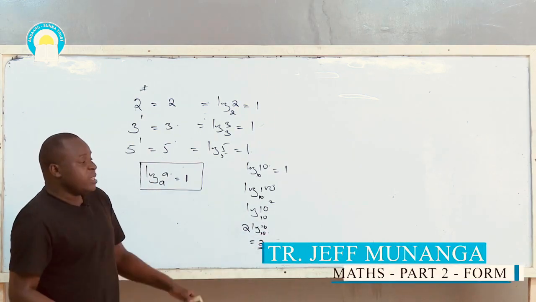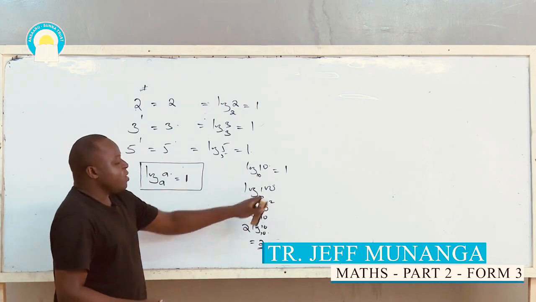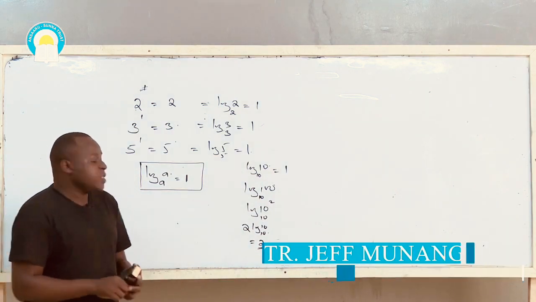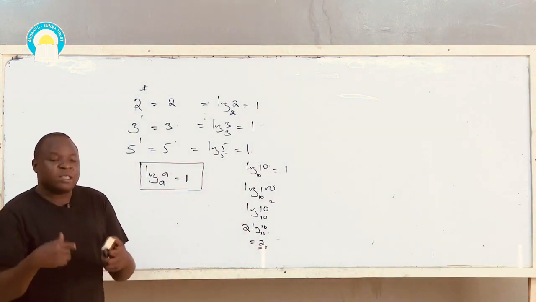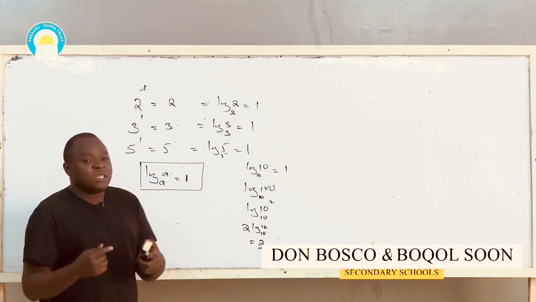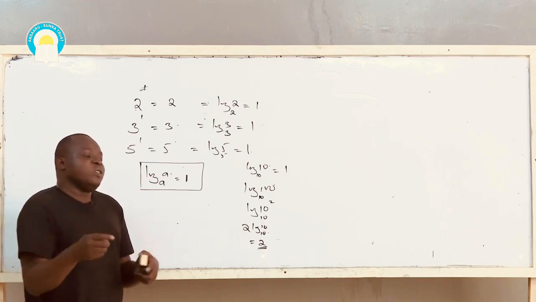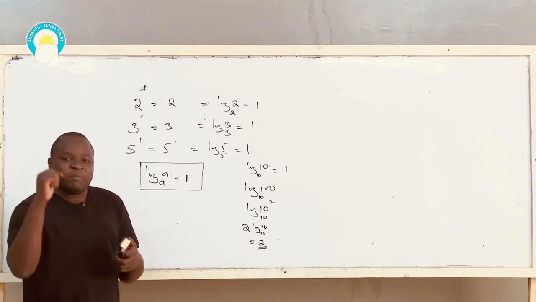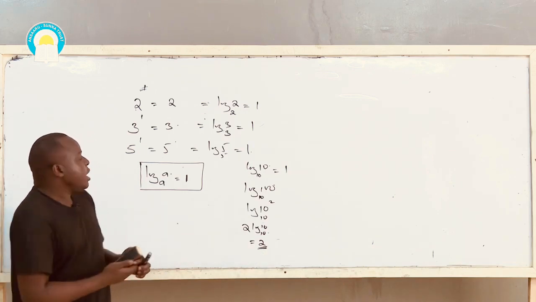And that's why I explained this. Same applies to 1,000, because 1,000 is the same as 10 raised to 3. 10,000, 10 raised to 4. So it will be log 10,000 base 10 equals to 4.